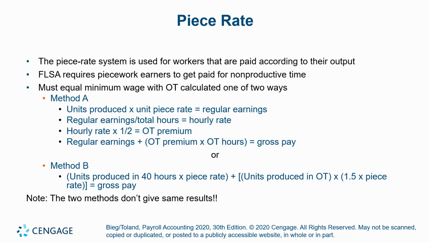I can pay you no base pay and solely commission, as long as you make, sorry? Minimum wage, and you agree to it, and I'm transparent about my compensation scheme. This is a scheme very prevalent for people that assemble things, people that package things, people that do quality assurance and quality control. You get paid on your production, right? And it's called piece rate.